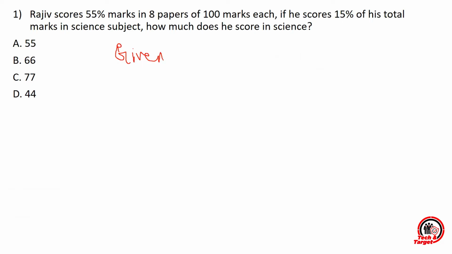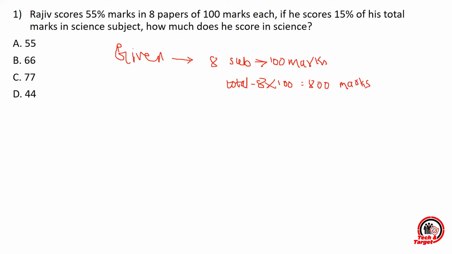There are totally 8 subjects and each of the subjects has 100 marks, right? So if this is the case, then the total number of marks will be 8 into 100, so that will be 800 marks.